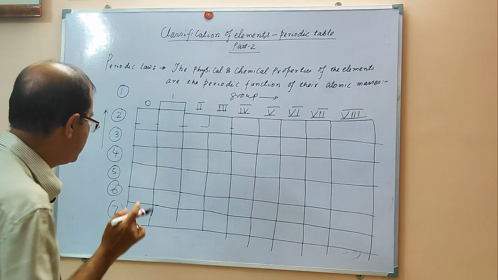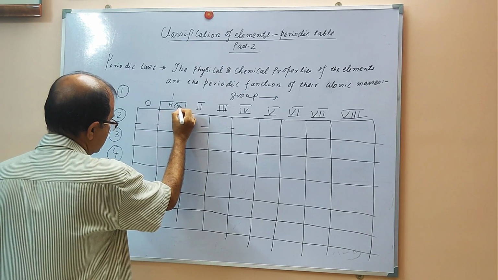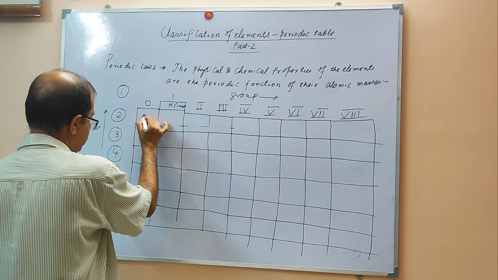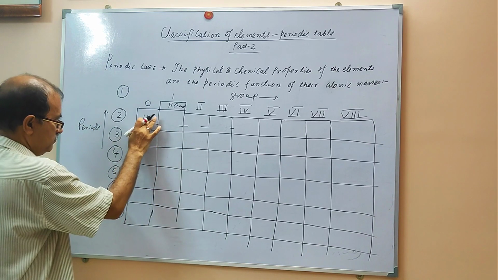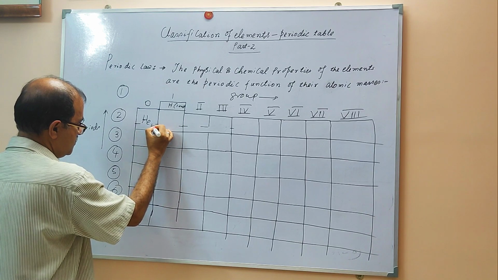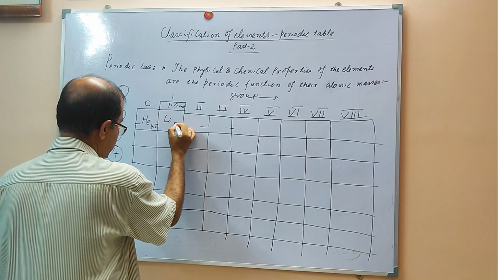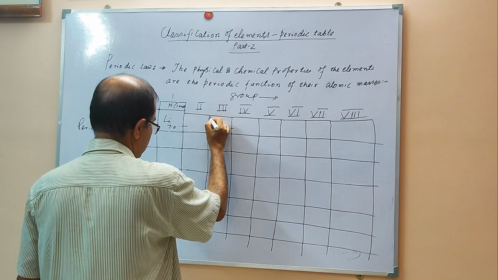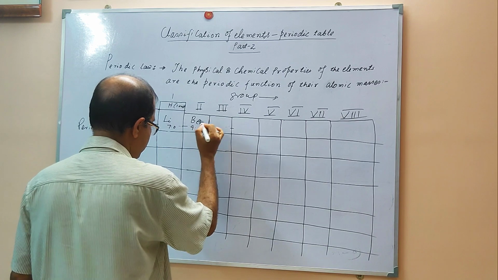Now we place the elements. The simplest element you know is hydrogen, with an atomic mass of 1.008. In the second period, the first element is helium, with atomic mass 4. Then lithium, atomic mass 7. Then beryllium, 9.